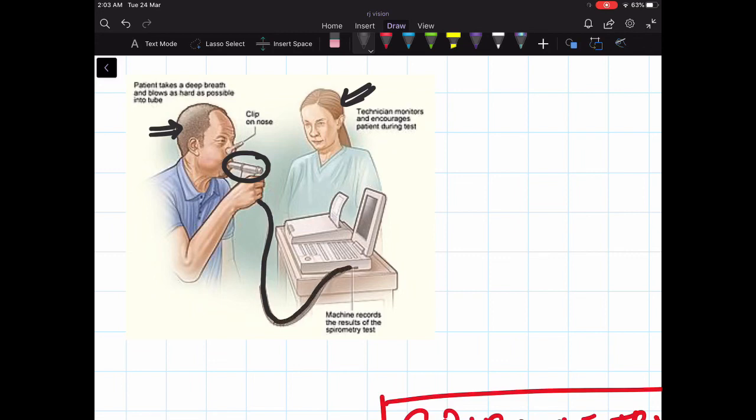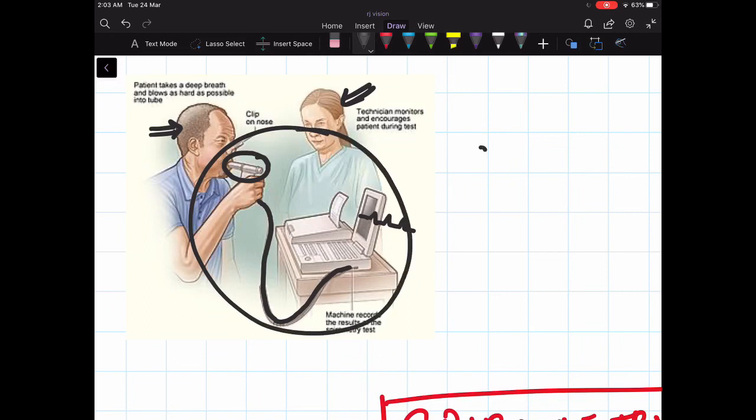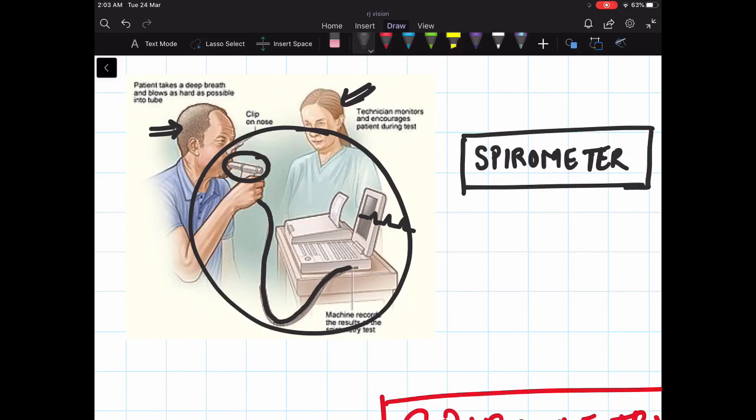And this computer is going to show a graph. And that graph is what we're going to study precisely. This instrument here is known as a spirometer. And the technique of measuring a graph on a spirometer and understanding its implications is known as spirometry.